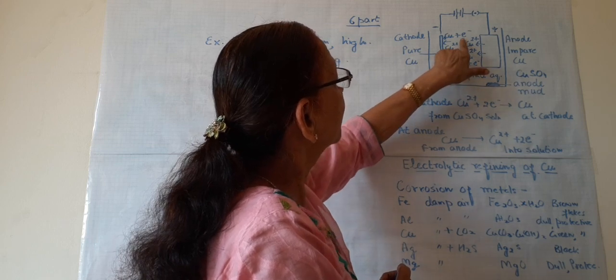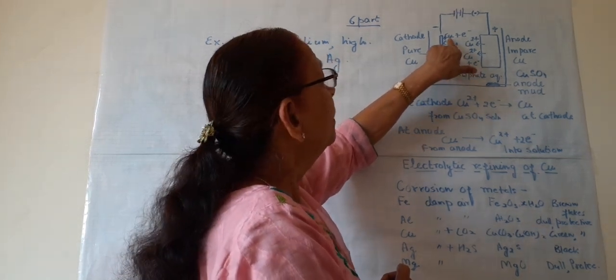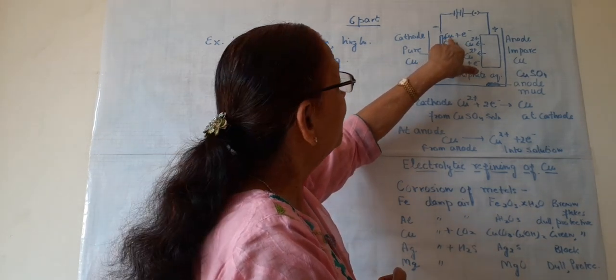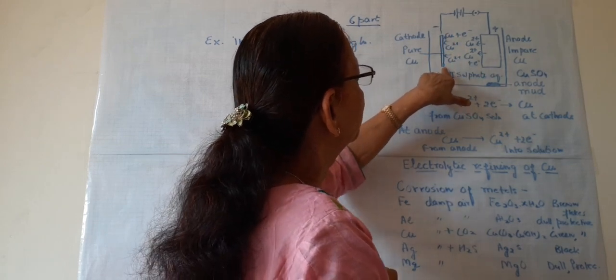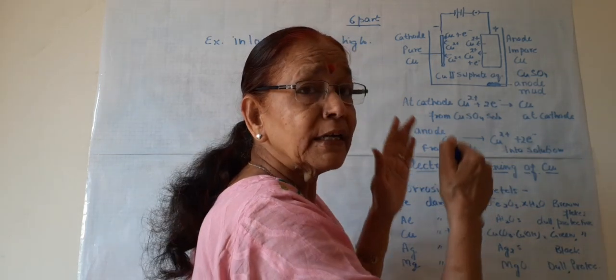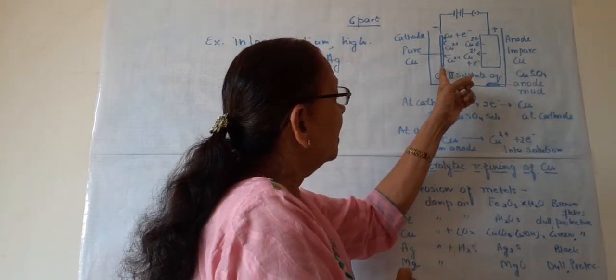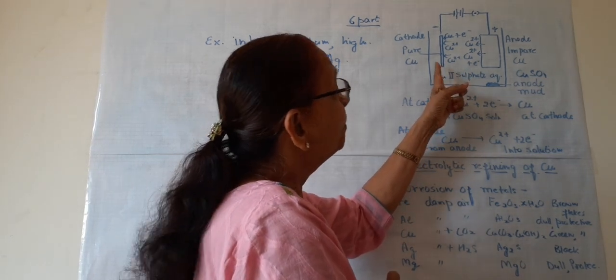And when the electrons are added to the copper ion, a neutral copper atom is formed. This neutral copper atom is attached to this cathode. The cathode starts fattening. The pure copper starts depositing on this thin copper plate.